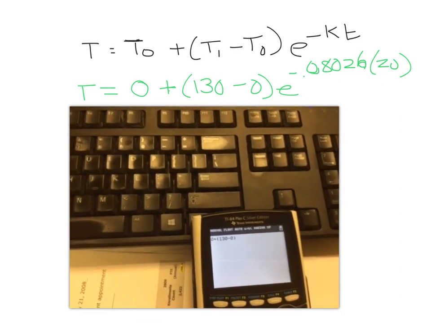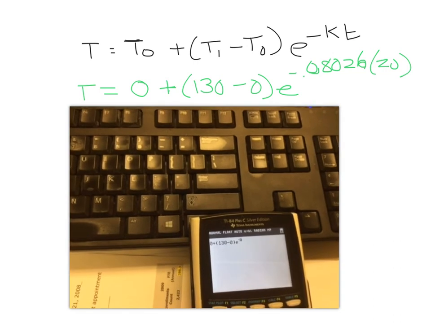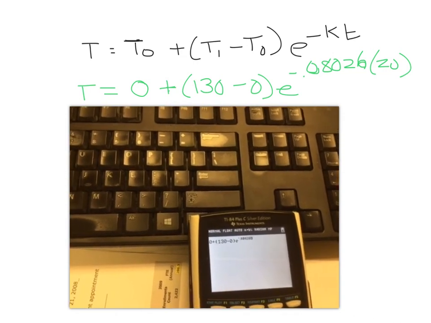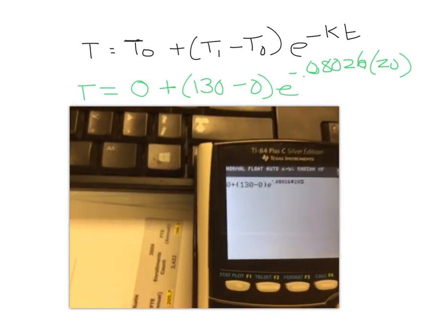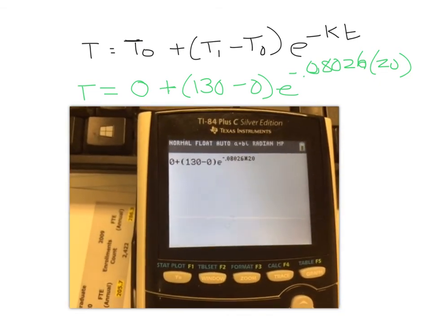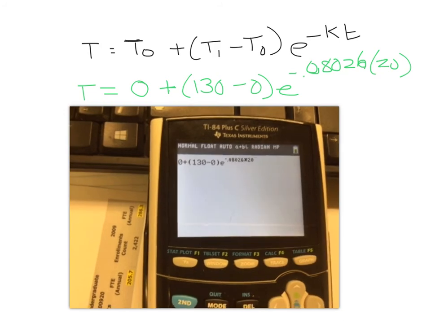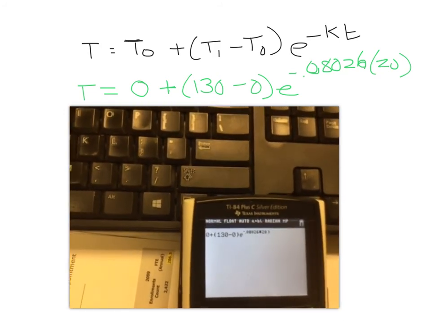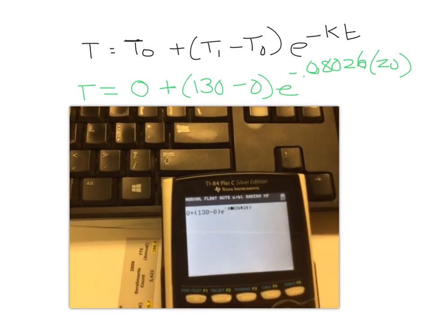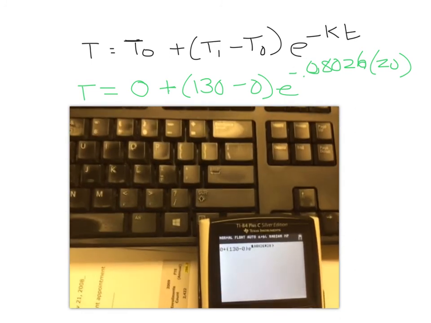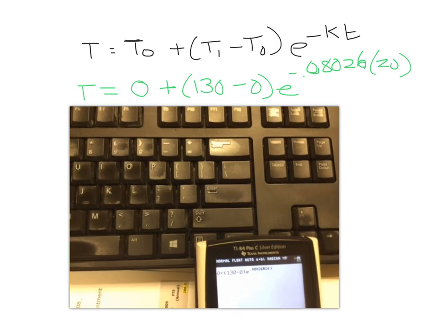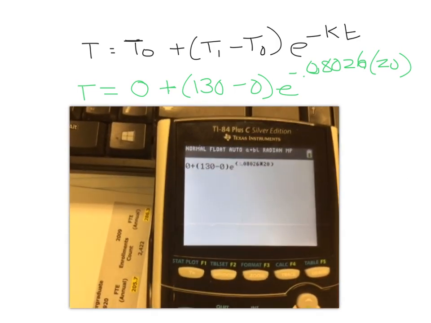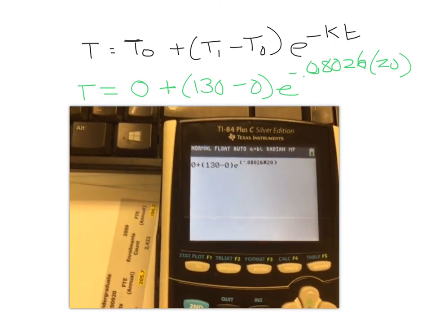I can put in my exponential and my negative 0.08026 times 20. Now, if you're using an older version of the calculator where you don't get that beautiful math type, you will need to put in parentheses around that exponent. If you're using a calculator like mine where you can see where the exponent is nice and clear, you don't need the parentheses, but the older ones you do.